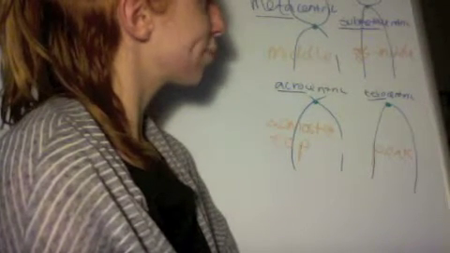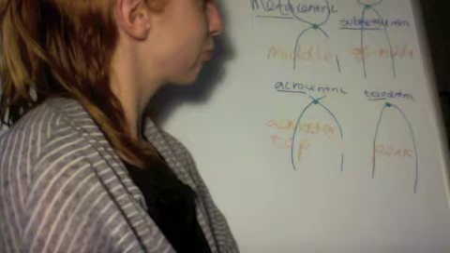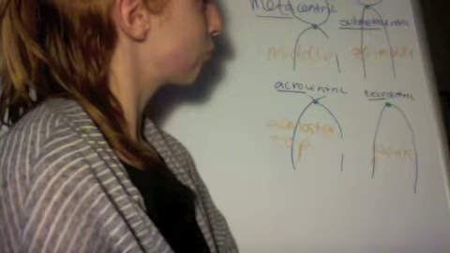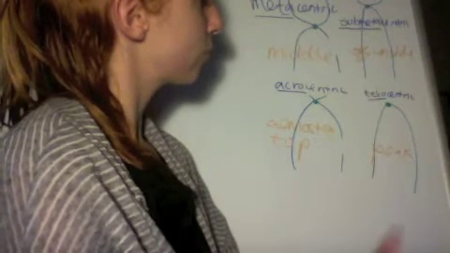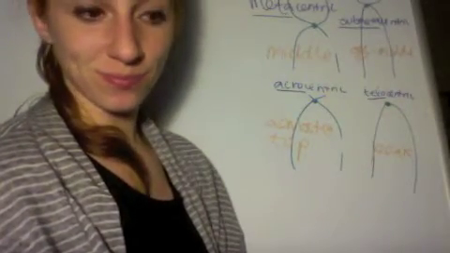So I can remember it. Acro for acrobat, tele for televised, meta because she's in the middle of the world, and submeta because the whole world is watching her. Good job! So that's a quick way to remember it.